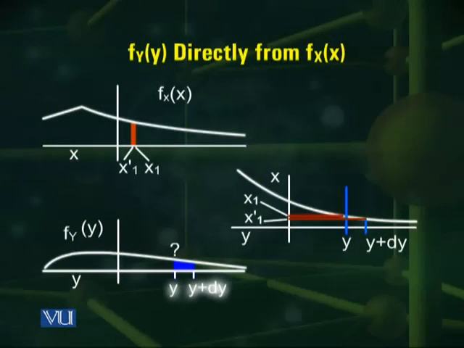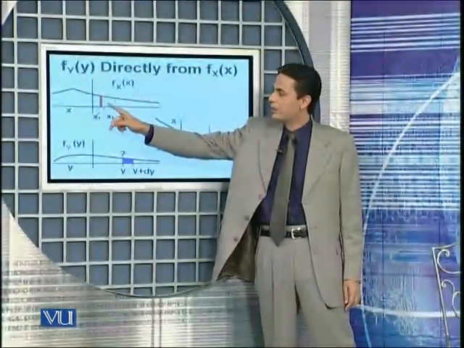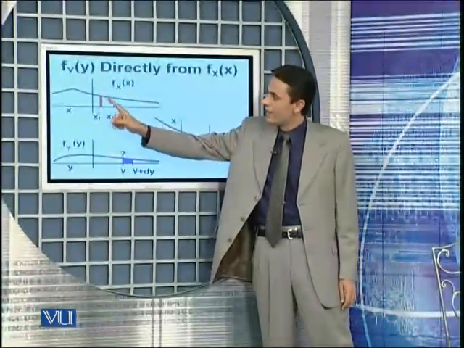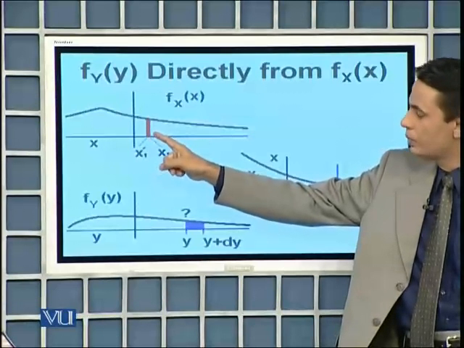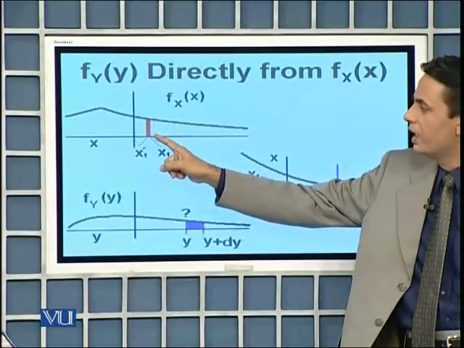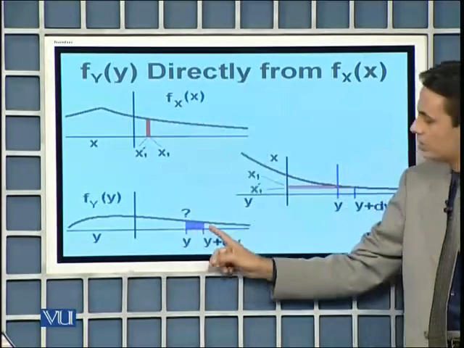These 2 points were inversely mapped to point x1 and x1 dash. They are here. So when random variable x belongs to point x1 or to any point between x1 and x1 dash, the random variable y belongs to this.